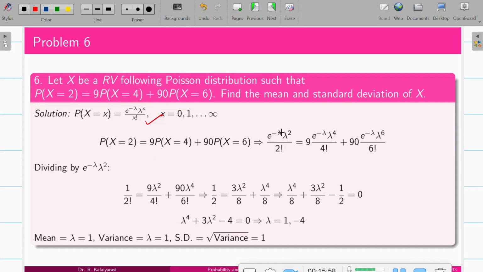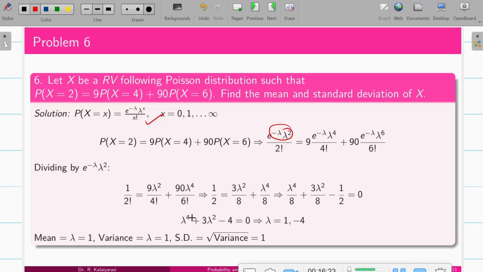In both sides you have e power minus lambda, lambda square common, so just cancel it. It becomes 1 by 2 factorial is equal to 9 lambda square upon 4 factorial plus 90 lambda power 4 by 6 factorial. On simplification, I get a quadratic equation: lambda power 4 plus 3 lambda square minus 4 is equal to 0.